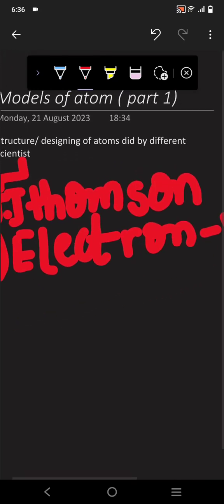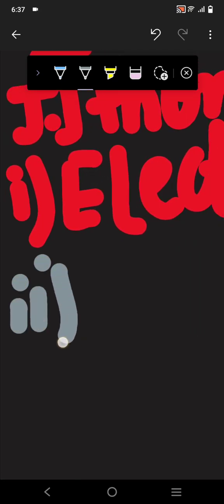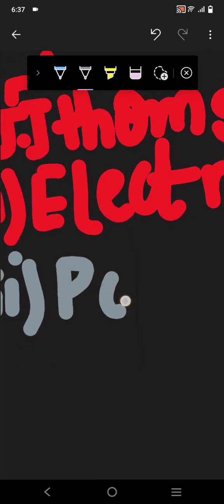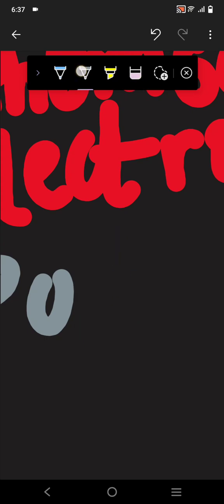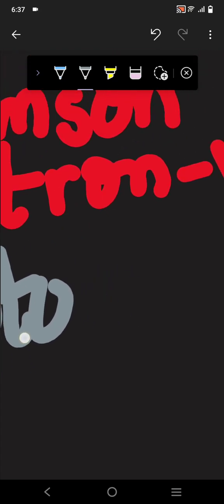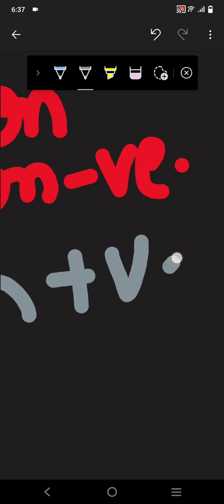Then what was his next point? His next point was that a positively charged body is known as a proton. That is positively charged.